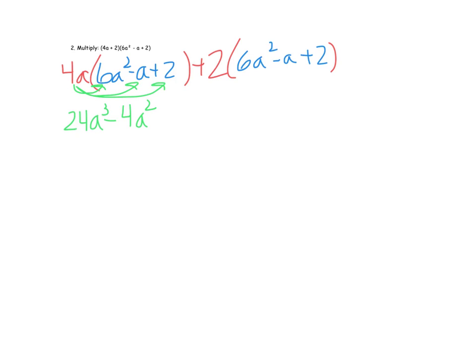And then 4a times 2 gives us positive 8a. We're going to do the second one. We've got 2 into this whole parenthesis, so we have plus 12a squared minus 2a plus 4.